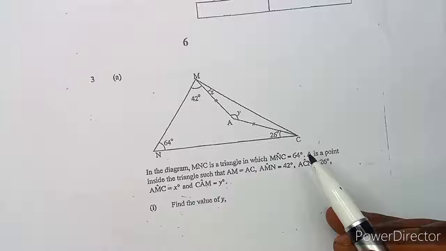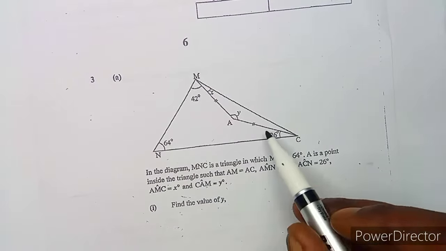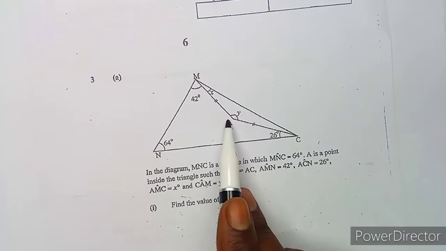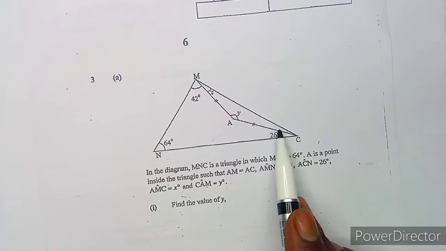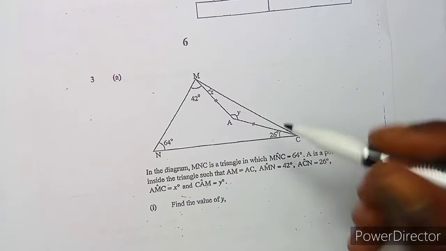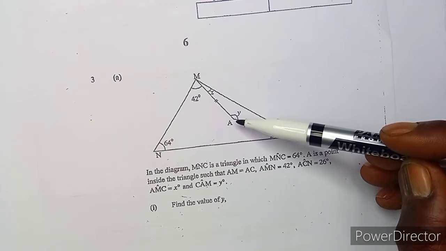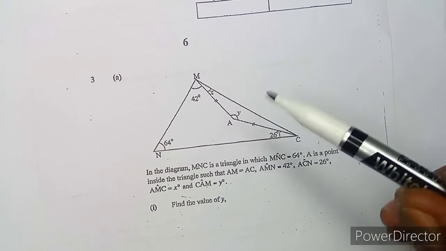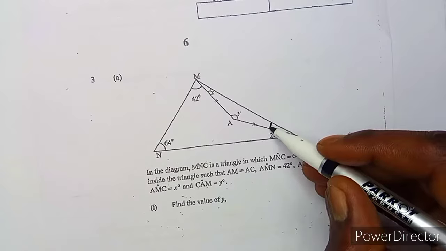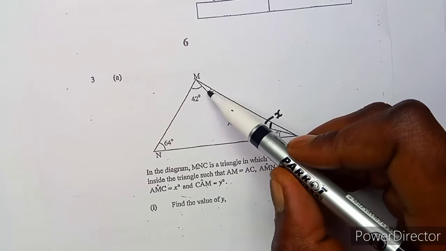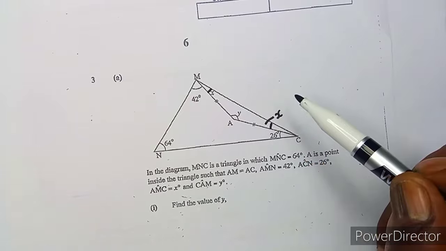From this diagram we are given that these two sides are equal: AM is equal to AC, an angle of 26, and all the other angles. So just rushing through the question, we know that AMC is going to be an isosceles triangle, where the base angles are going to be equal. So this angle will be equal to X, since this angle here is equal to X.